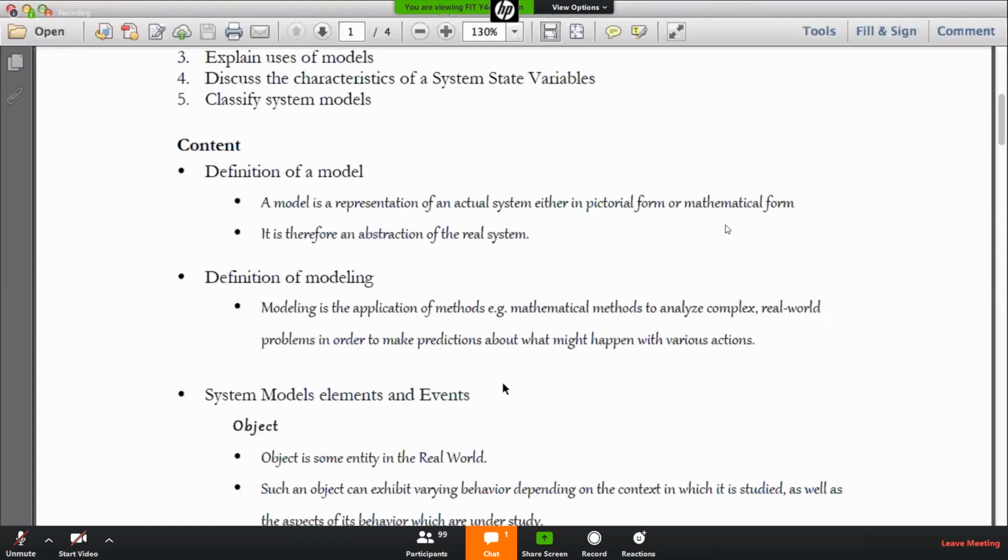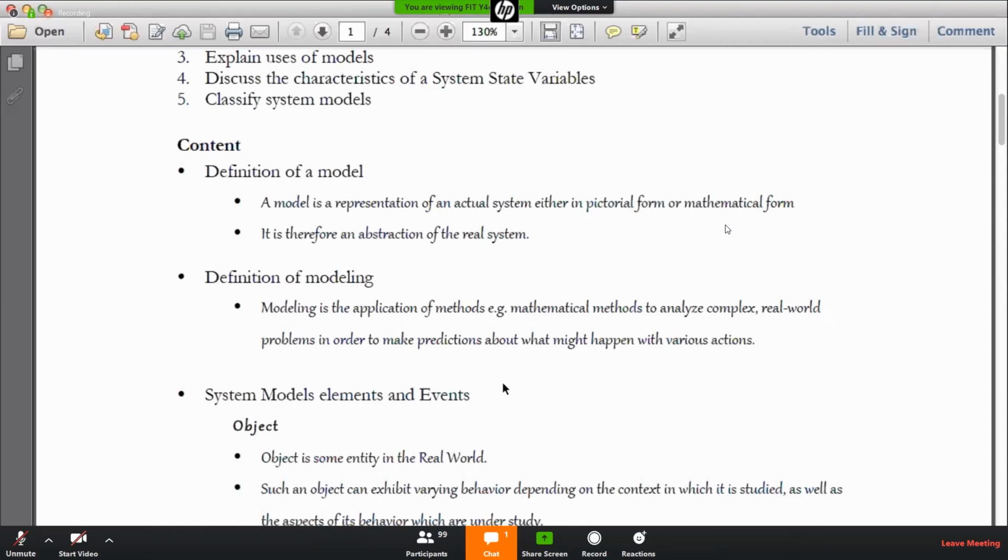Then to be able to do this, we need to carry out modeling, which is the process of coming up with the model. And for us to be able to do this, we will need to apply mathematical methods to analyze that problem. Now, how then do I need to analyze this problem?